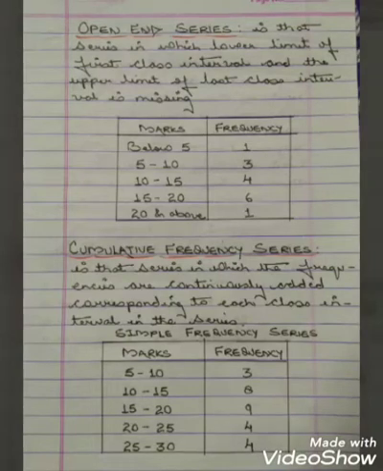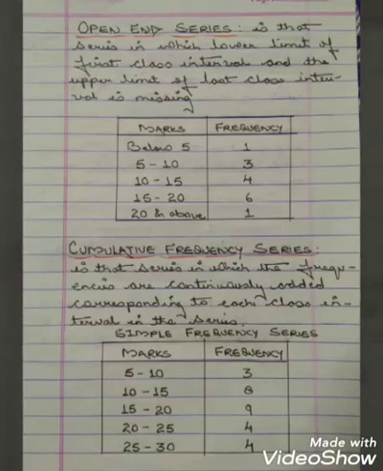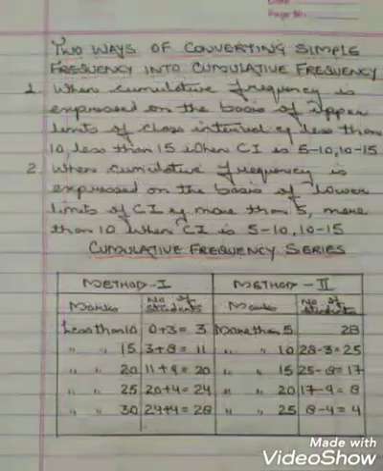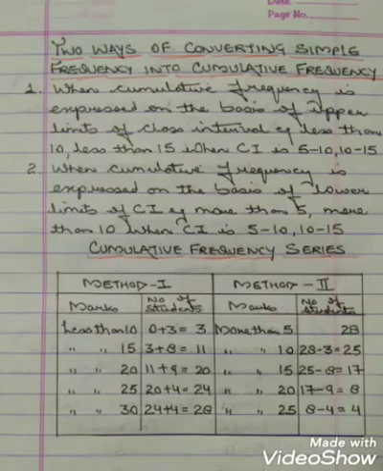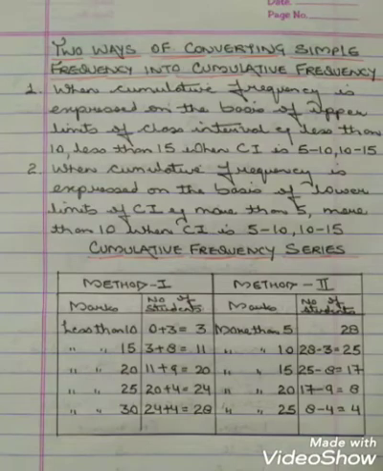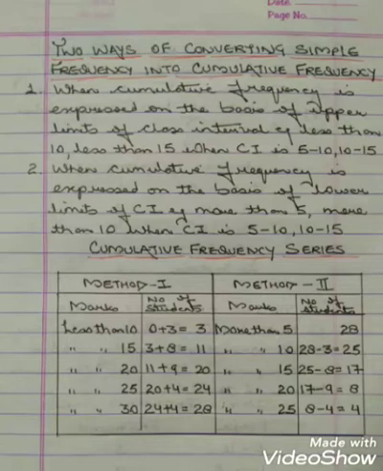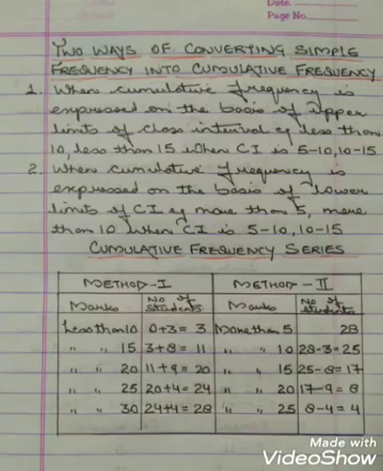Now if you have to convert this frequency into a cumulative frequency, then there are two ways of converting it. One is when cumulative frequency is expressed on the basis of the upper limit of class interval. That means, for example, we write less than 10, less than 15 if our class interval is 5 to 10 or 10 to 15.